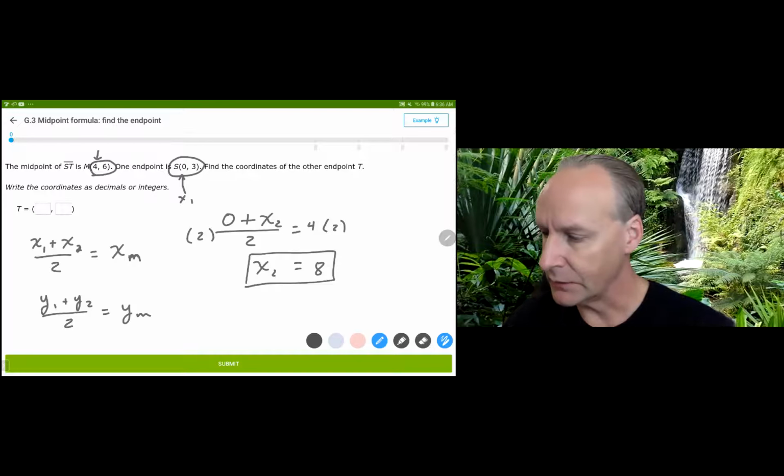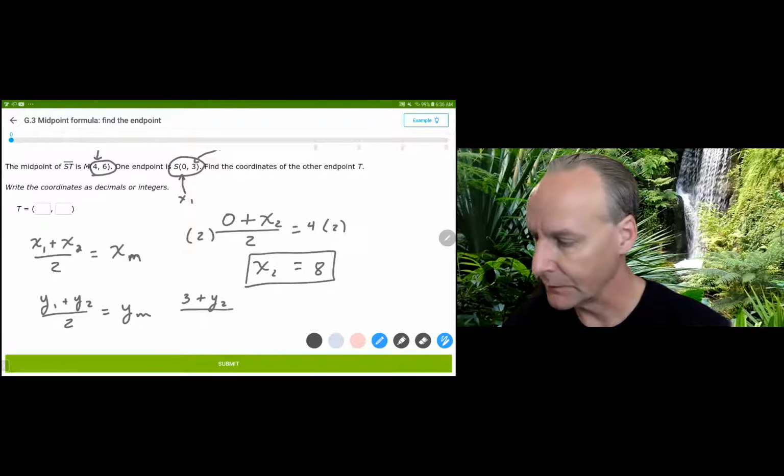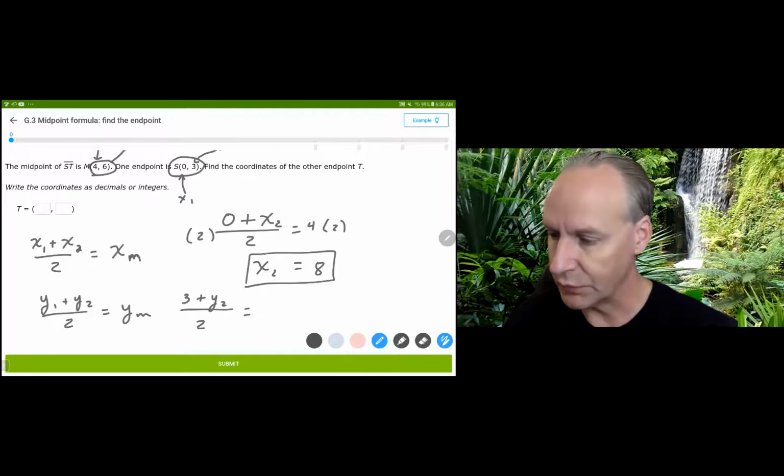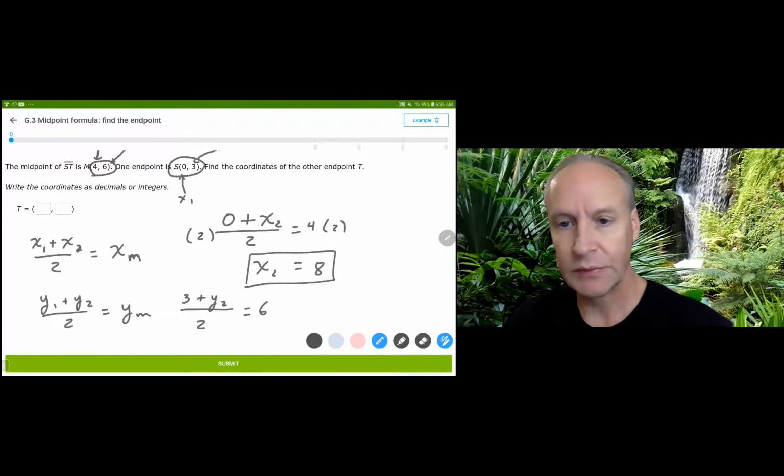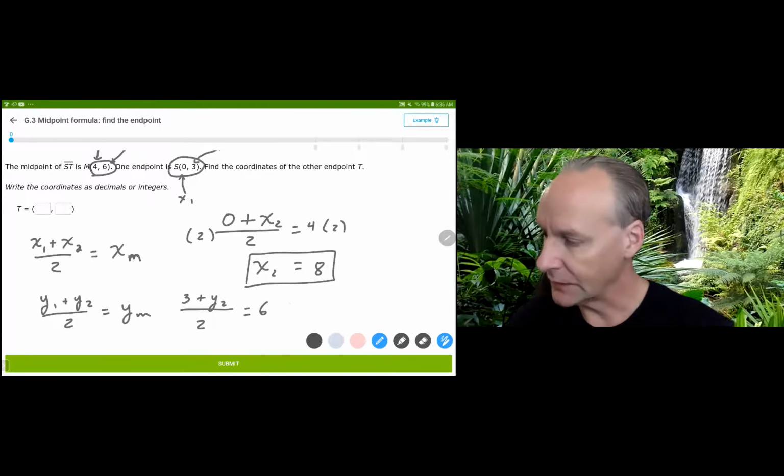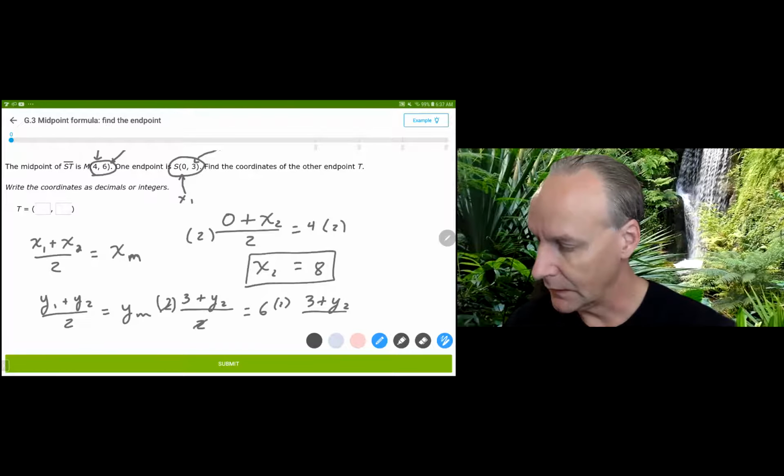So that's my x value. Now my y value: my y1 is right there, that's 3, plus y2 over 2 is equal to ym, which is the y midpoint, which is 6. I'm going to multiply by 2 on both sides, and I now have 3 plus y2 is equal to 12.